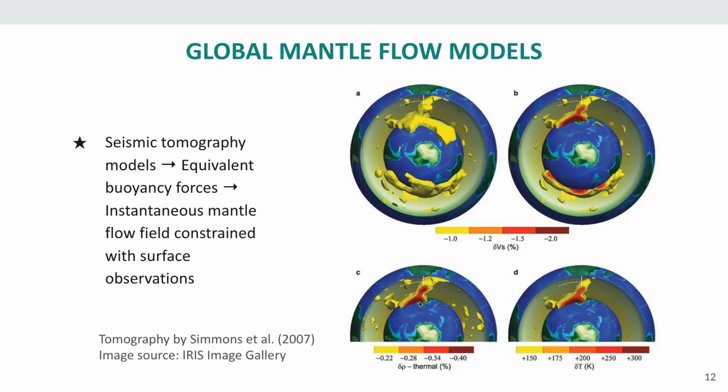So the red regions here represent regions of low density. What we essentially do is use the seismic tomography model and convert it into equivalent buoyancy forces. These buoyancy forces come from the different density distributions in the Earth, and that generates an instantaneous mantle flow field, which creates the stresses and the velocities we are modeling.